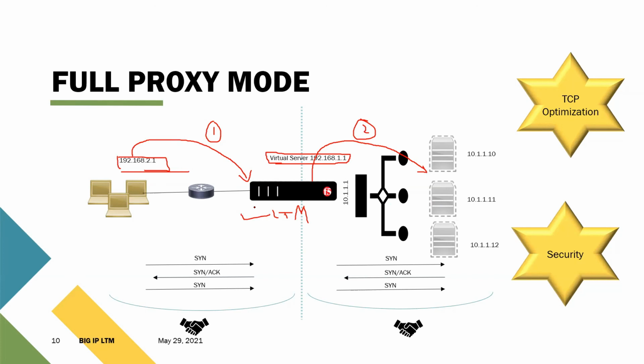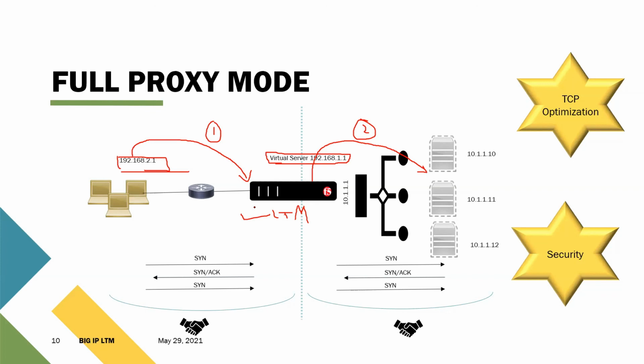We have our LTM box in between, which talks to the actual server on behalf of the user. The user is not allowed to talk to the server directly, right?